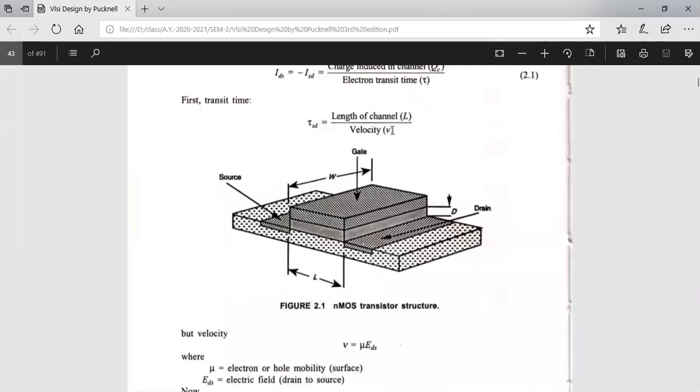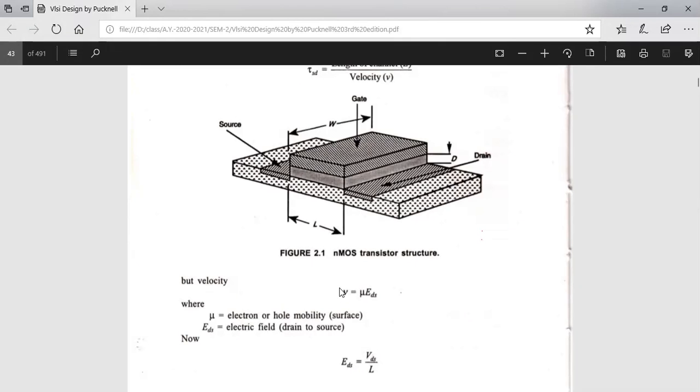Now this velocity will be depending upon the mobility of the particular electron. If it is an NMOS, it is an electron. If it is a PMOS, it is a hole, right? So its mobility plays a very important role when we calculate the velocity.